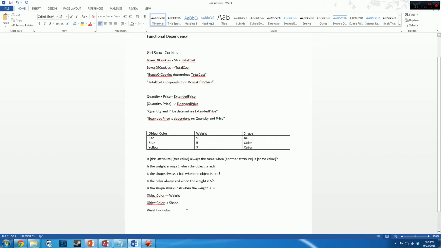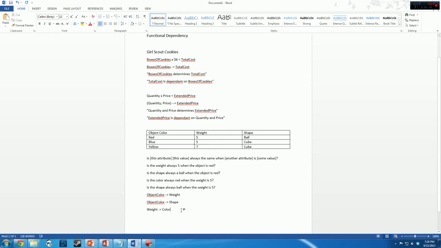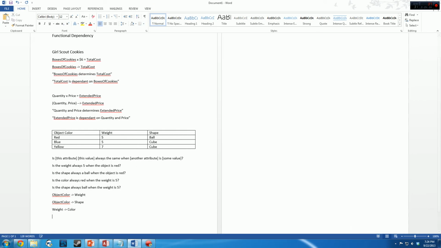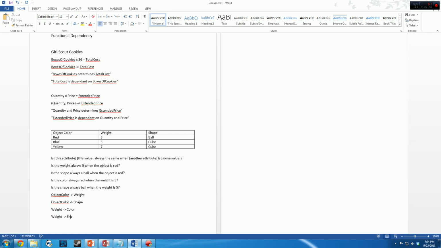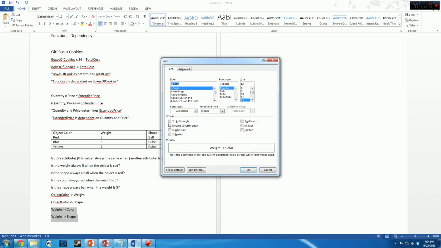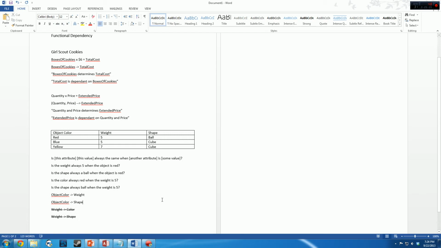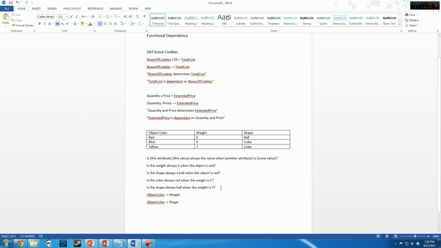Well, no. Because we've got two objects that weigh 5, one's a ball, one's a cube. Same problem. So these two are no good. These two are correct. So I'll get rid of these.